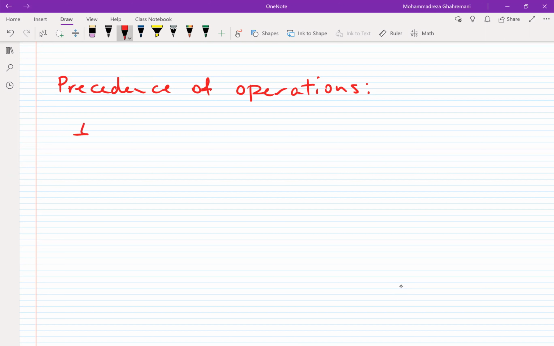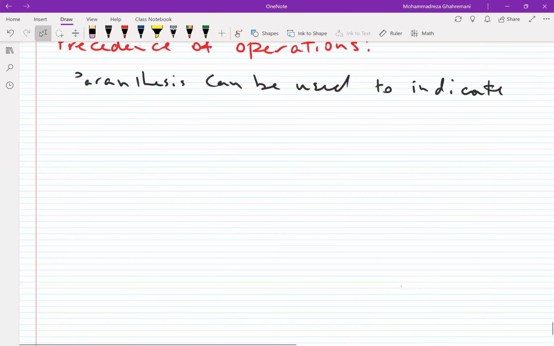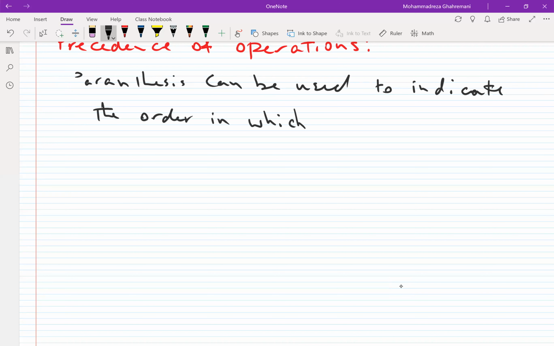So here I say parentheses can be used to indicate the order in which the operations should be performed.